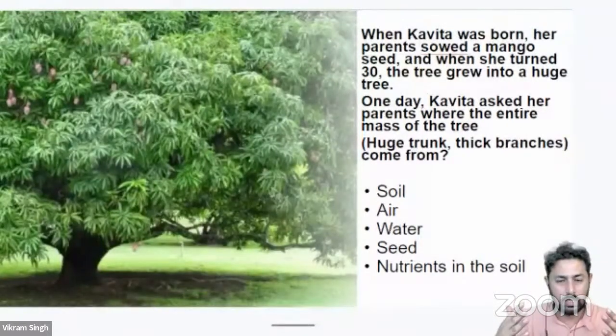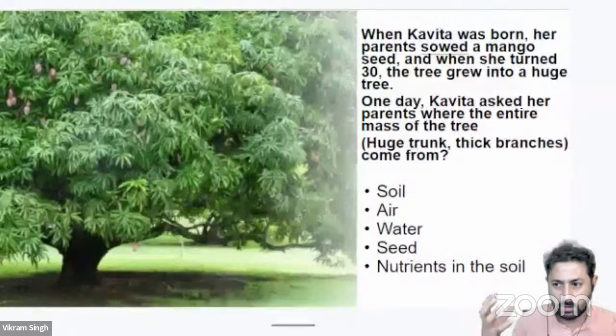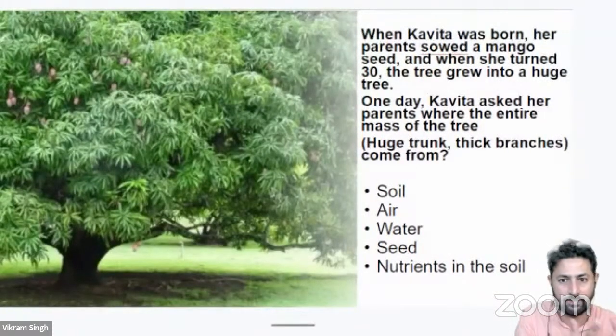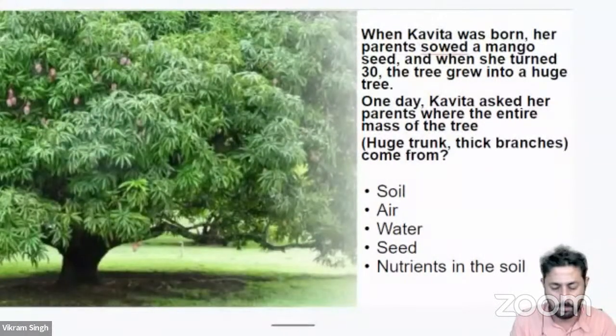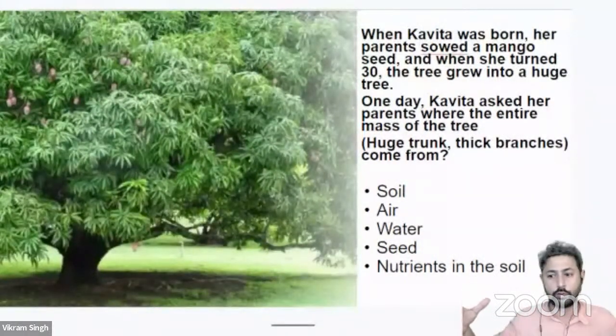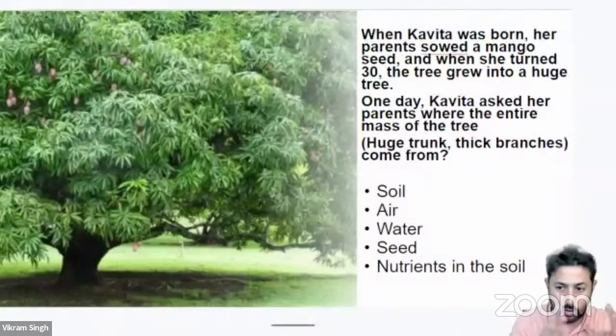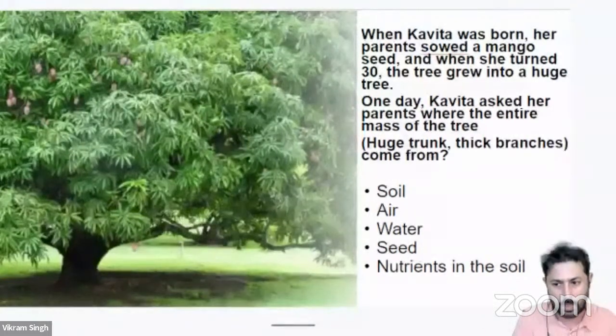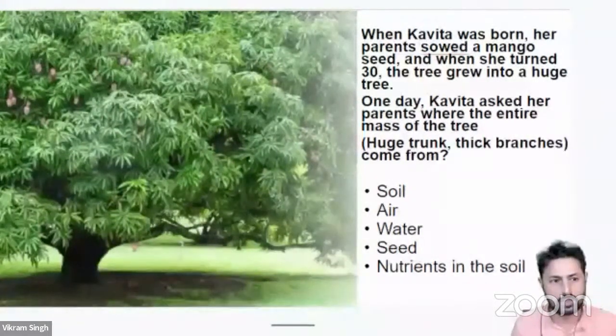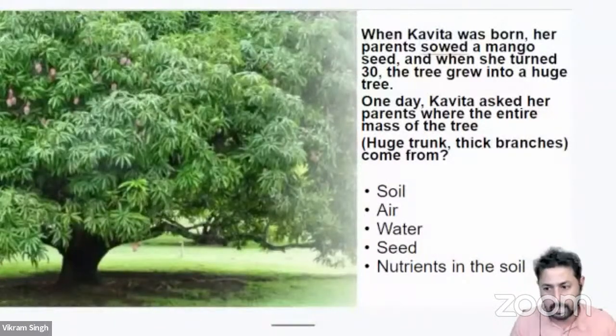How come this tree became so huge?" From where did all the mass of this tree come? If you have seen the bark, it's so huge. There are a lot of branches. So what do you think? How did all these things come to the tree? How does a plant grow into such a big tree? From where did the mass come?